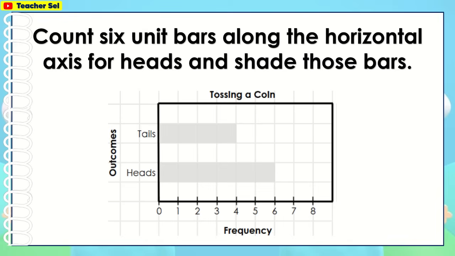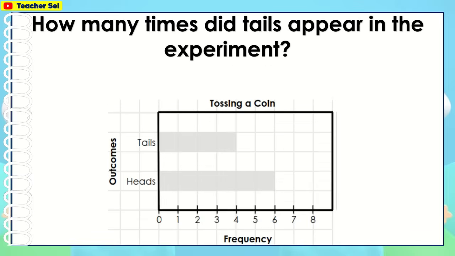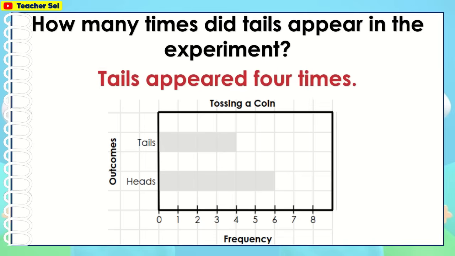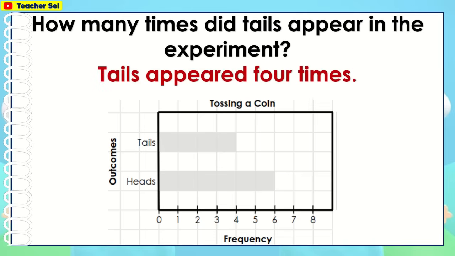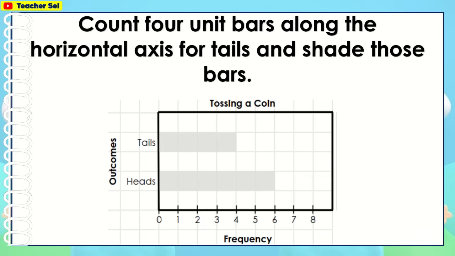Count 6 unit bars along the horizontal axis for heads and shade those bars. How many times did tails appear in the experiment? Tails appeared 4 times. Count 4 unit bars along the horizontal axis for tails and shade those bars.